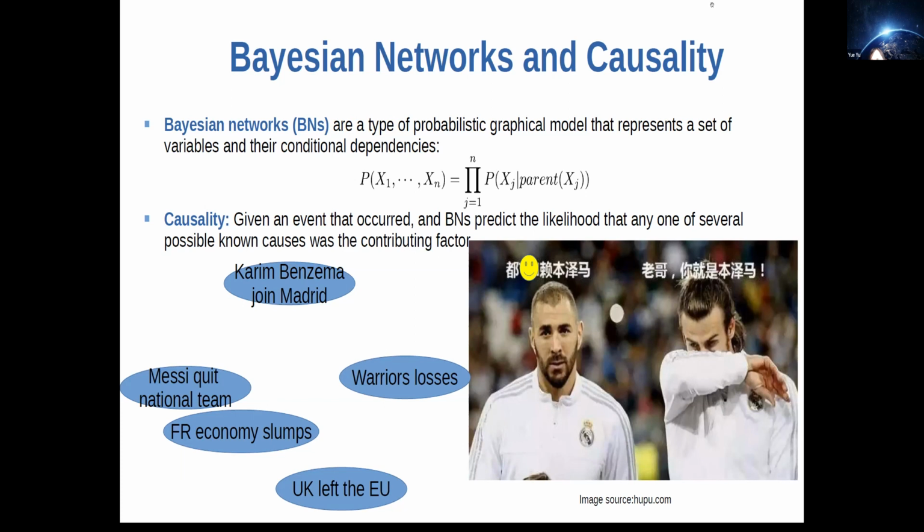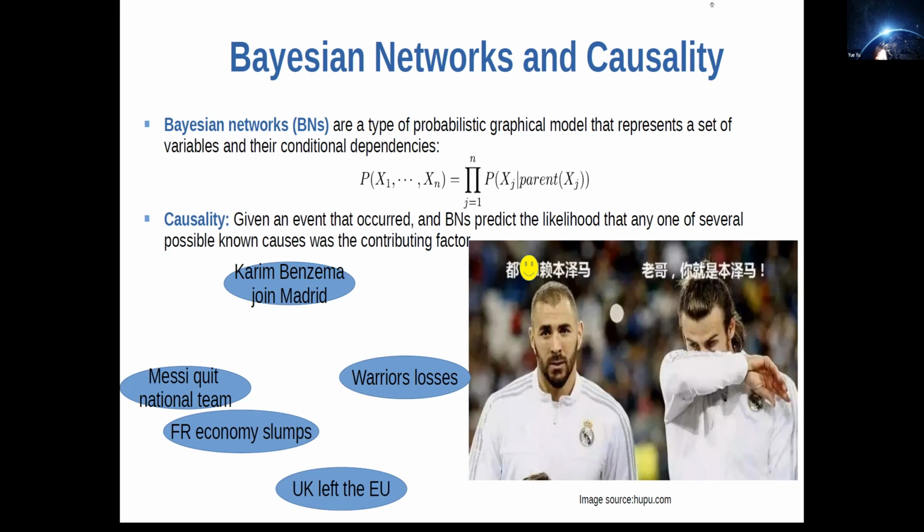That means each random variable depends on its so-called parent random variables. You can see those parent random variables as the cause of an event, and the child random variable as the result.